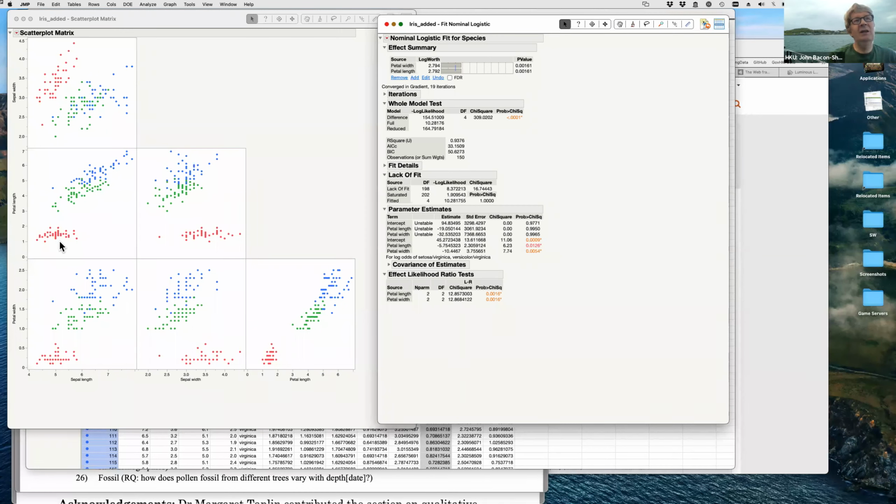So our predictions are too good. That's why the real focus here is distinguishing between green and blue. Red is so predictable as being separable. It's really, can we distinguish the green and the blue?